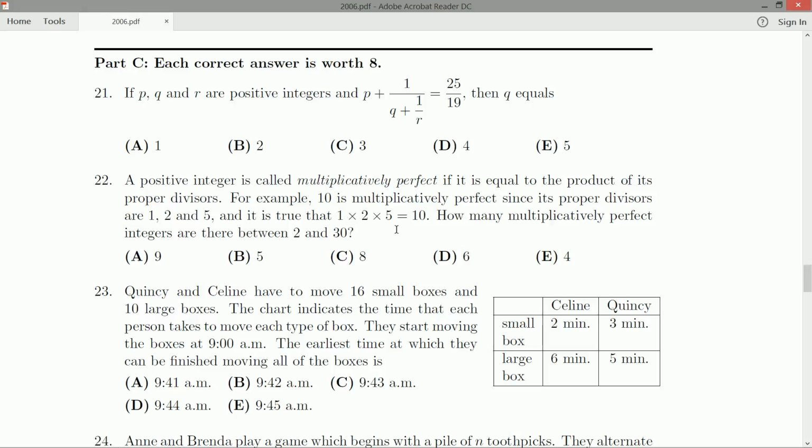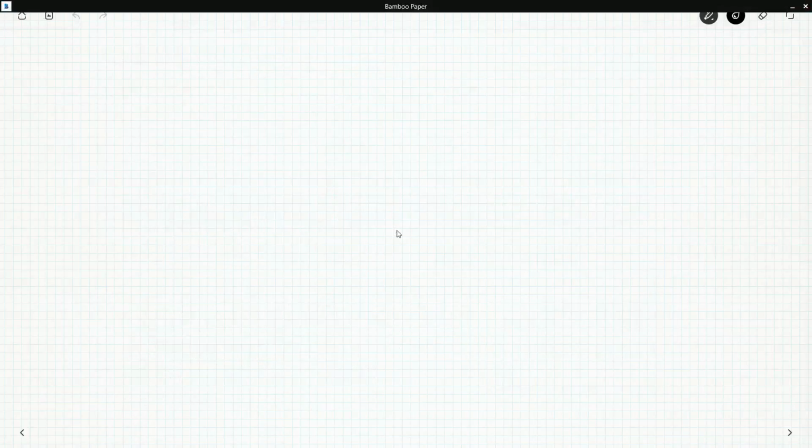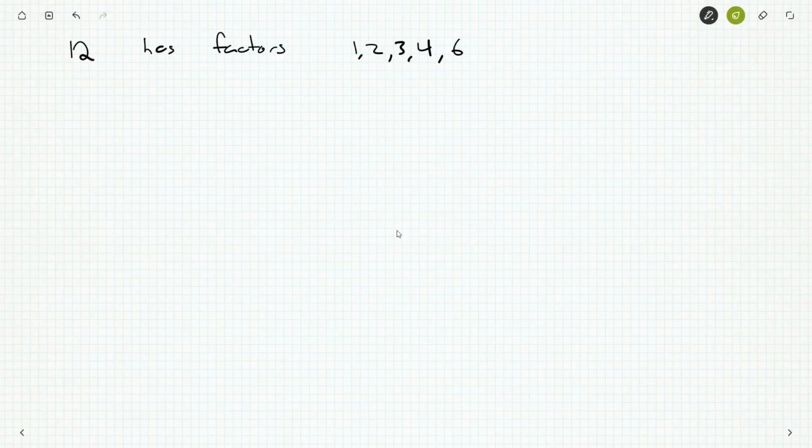Okay? And if I take a look at, let's say, another number, at 12. 12 has factors 1, 2, 3, 4, 6. 12 also there, but that's not the point. We don't include 12. I can pair up factors as long as we're not looking at a square, by the way.